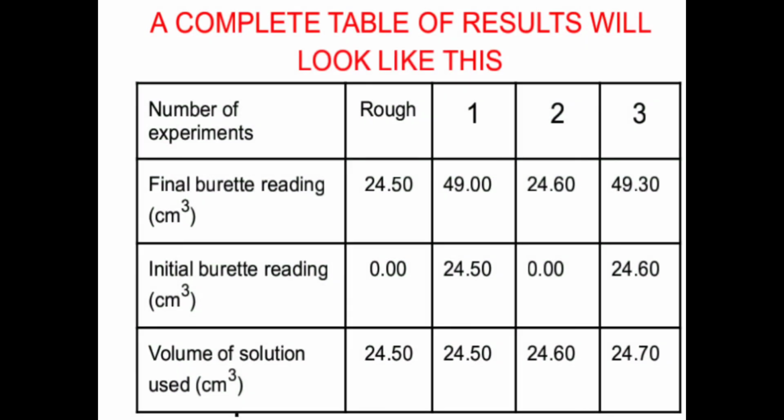Now, we have a table looking like that. When you look at that table, it has some common features. The first common feature here is the results have 2 decimal places. If you look at the rough, we have 24.50. When you look at the next one, we are having 0.00. The other one is 24.50. So when you look at those results in that column there, they are all having 2 decimal places.